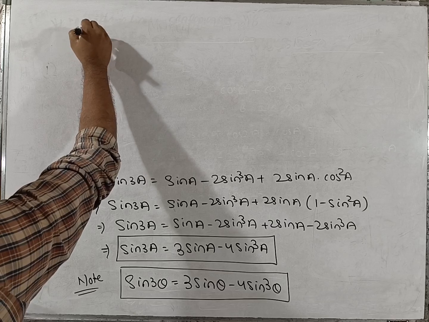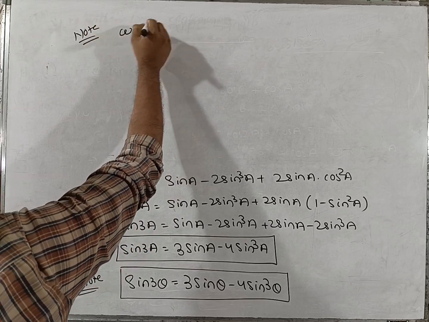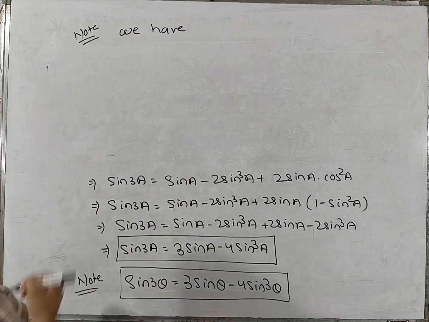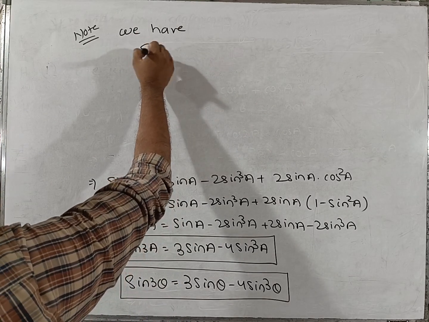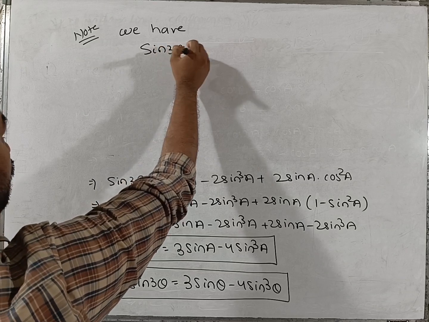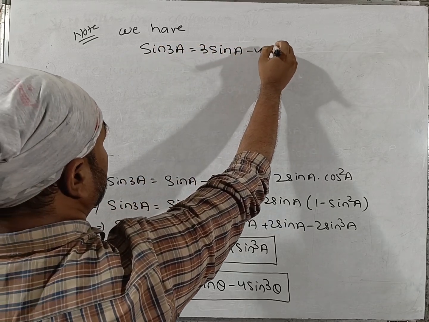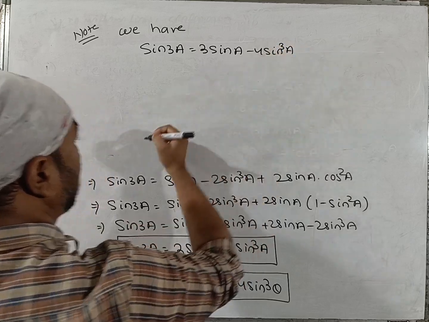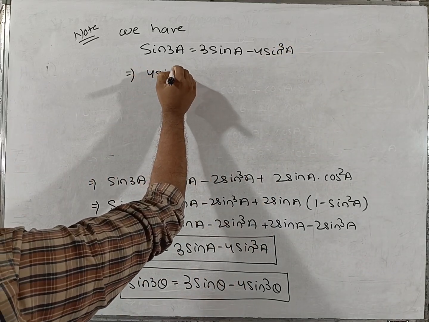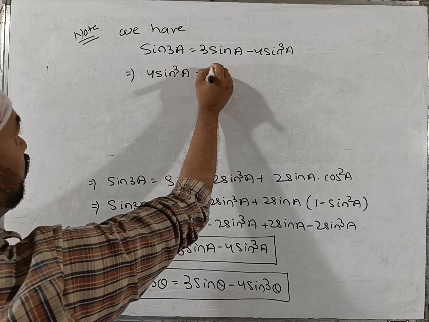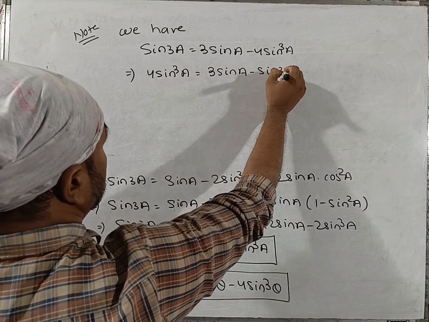Then another note here: we have sin 3a is equal to 3 sin a minus 4 sin cube a. That implies 4 sin cube a is equal to 3 sin a minus sin 3a.